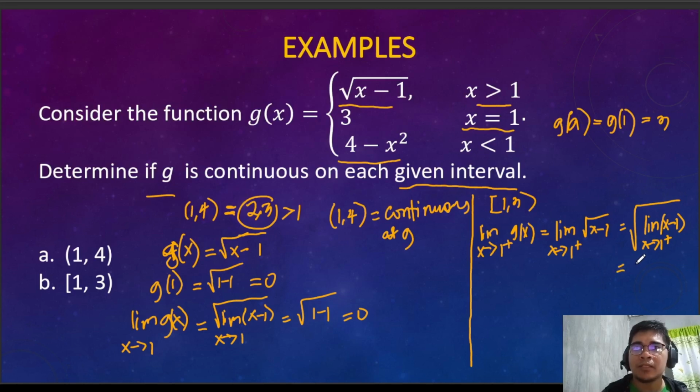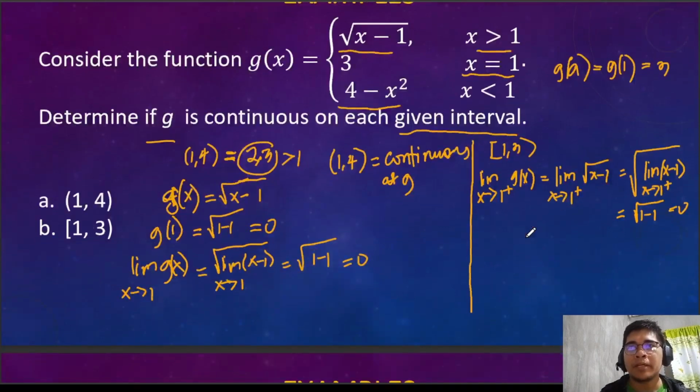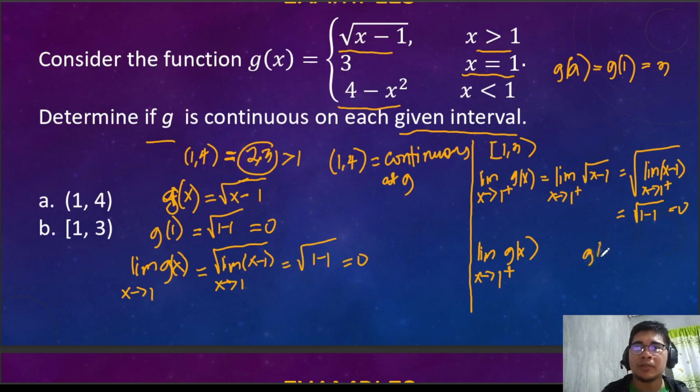So which is equivalent to square root of 1 minus 1, which is 0. And now we compare if our g of a is equal to our limit of g of x, the limit as x approaches 1 from the right, and then we have our g of a. So is it equivalent?